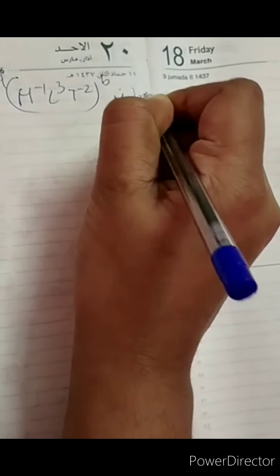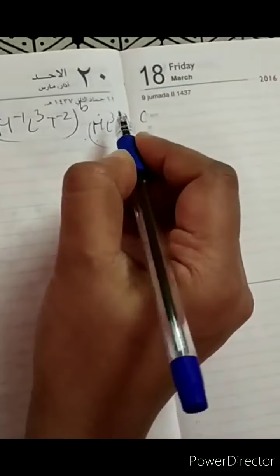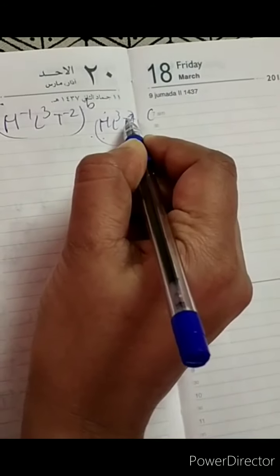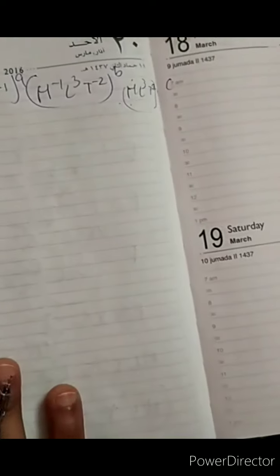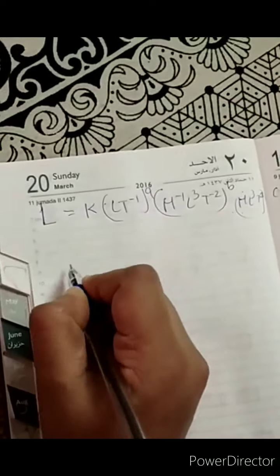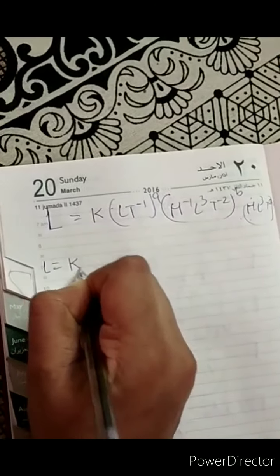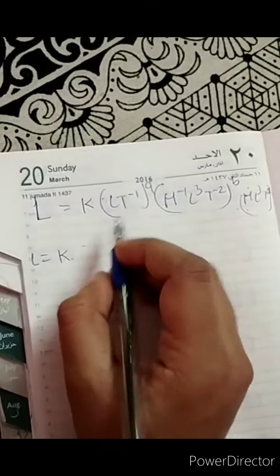ML cube T minus 2, to the power C. Okay, fine. So L is equal to K. Open the bracket, okay?